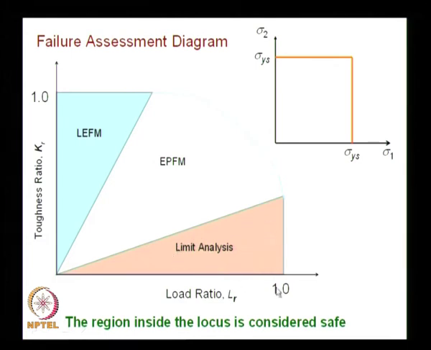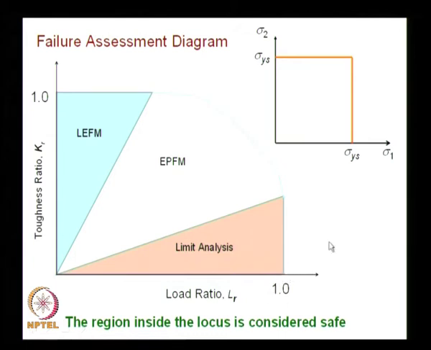Initially people did not worry about strain hardening, because this was based on the yield strip model. It stopped at the yield strength value, whatever is the flow stress or the kind of limiting stress in plastic collapse.